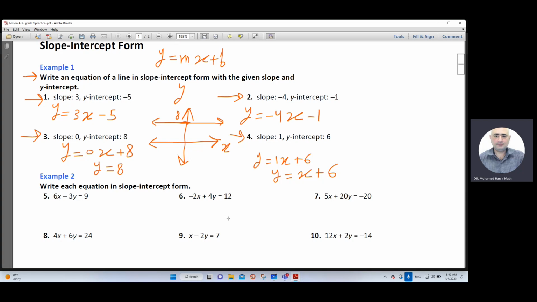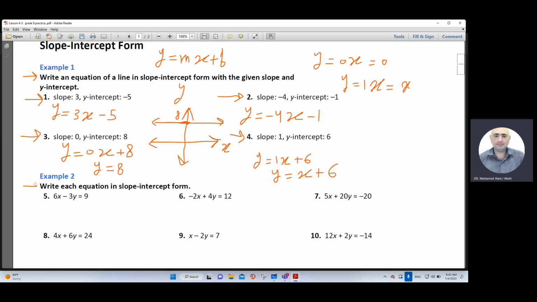Not 0x, because if you have here y equals 0x, 0 times any number equals what? Equals 0. So it means y equals 0. But y equals 1x, 1 times x means x. Okay.